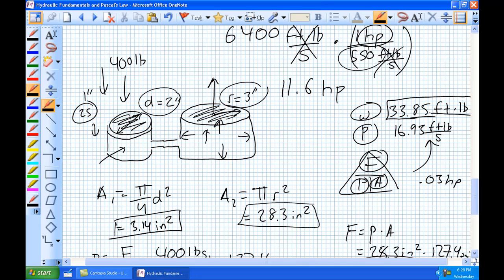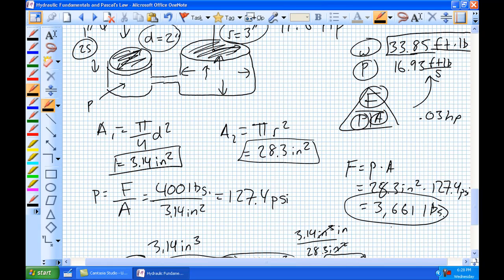And then we made use of Pascal's Law, which states that pressure inside an enclosed system is transmitted undiminished in all directions, to figure out what the force was on the second disk. So this is a force multiplication system, illustrating some of the hydraulic fundamentals and Pascal's Law. We're going to be revisiting this throughout labs and a number of examples and problems throughout the course. So I suggest you please become very familiar with this.